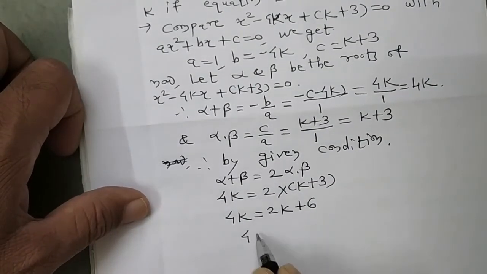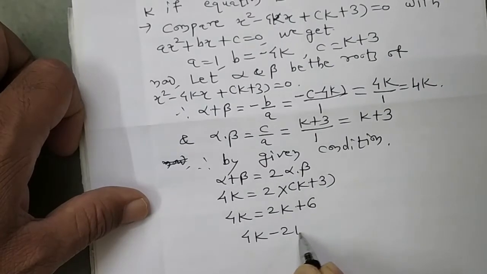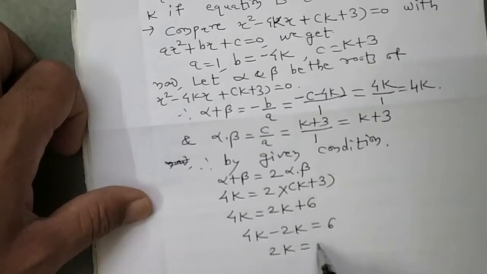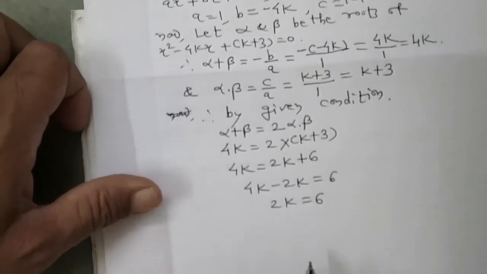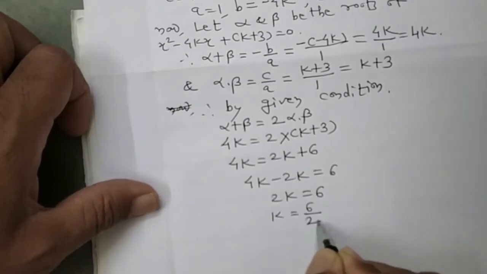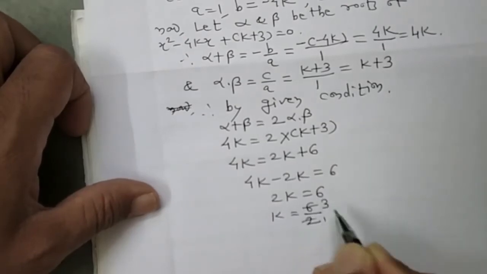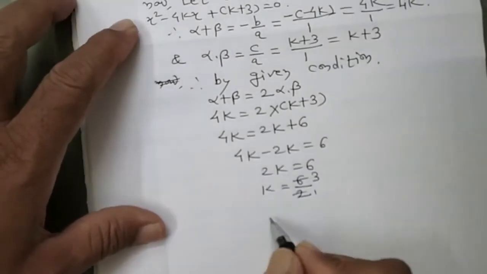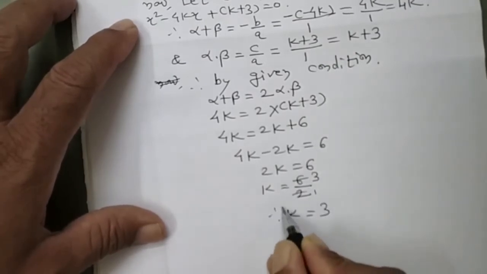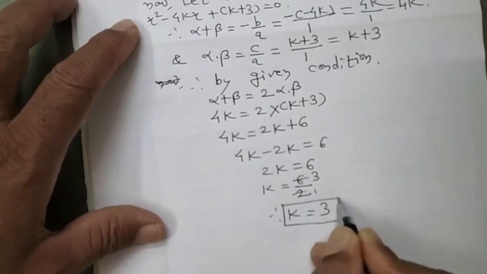Therefore 4k minus 2k is equal to 6. 2k is equal to 6. Therefore k is equal to 6 upon 2, dividing by 2, 3. Therefore the value of k is 3. This is the answer.